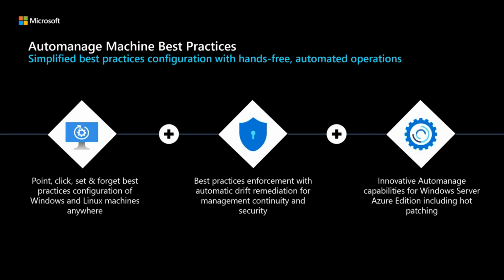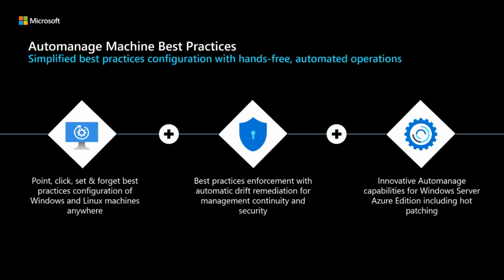So Azure Auto Manage machine best practices can be used to automatically onboard and configure your machines to selected Azure services, which we've deemed to have the baseline best practices that you should be implementing for all of your servers.